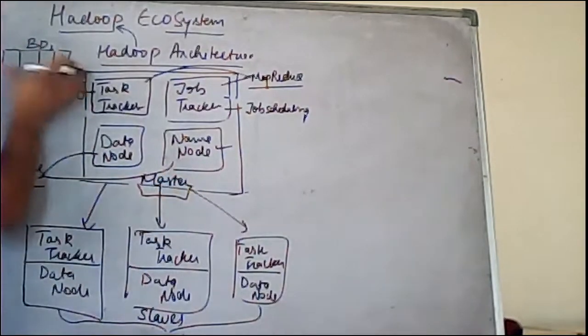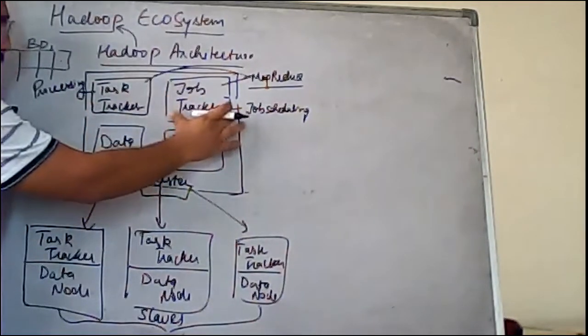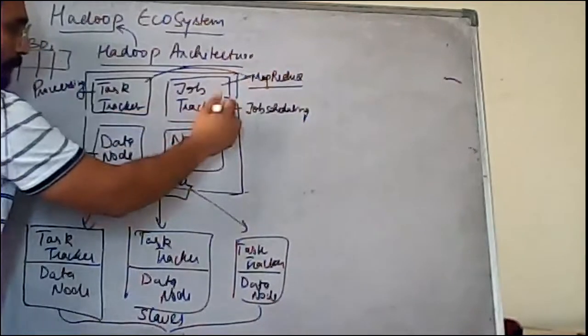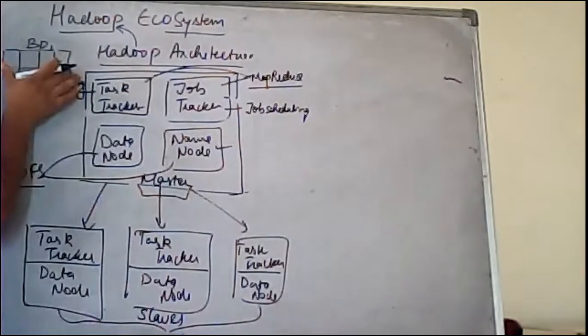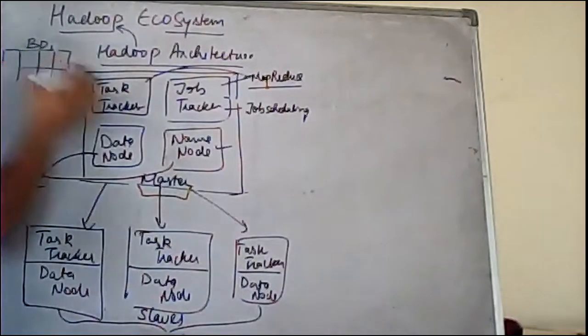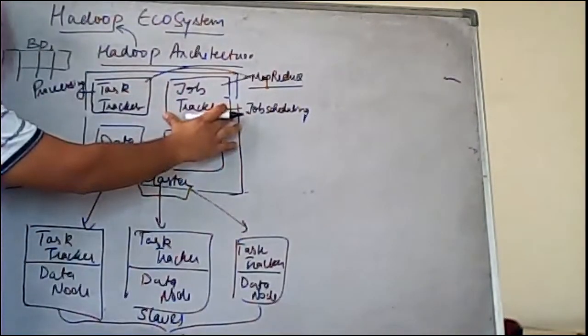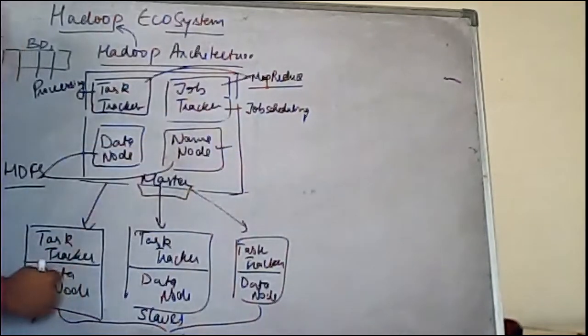Then task tracker and job tracker will perform the MapReduce concept. Job tracker will schedule these jobs that are stored in your data nodes to different slaves.